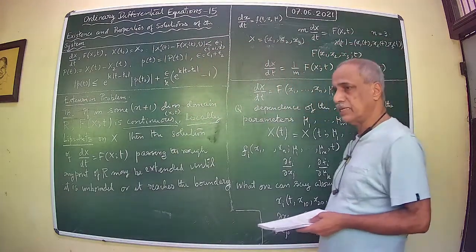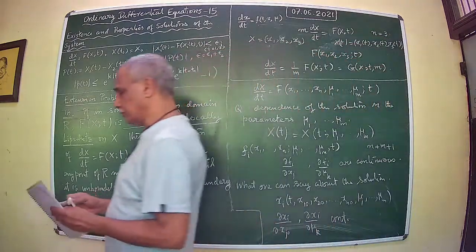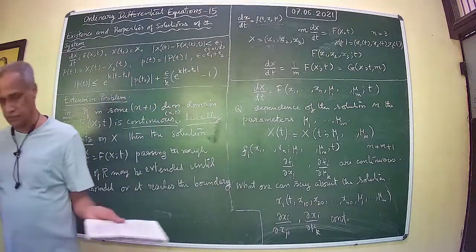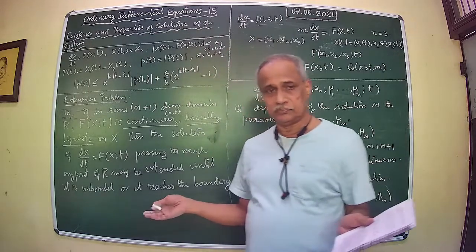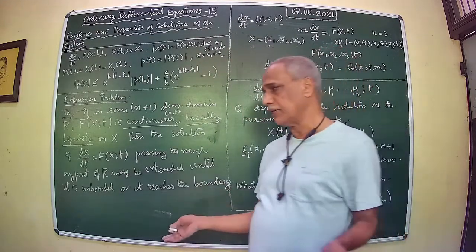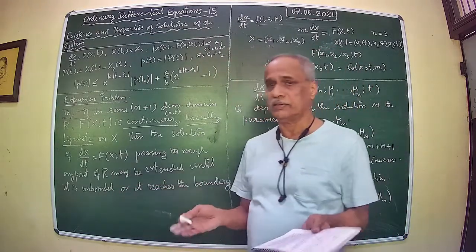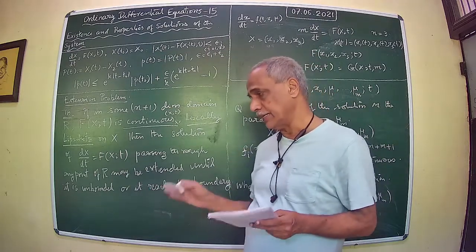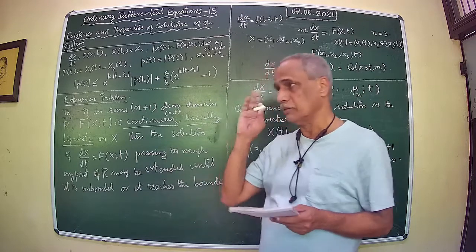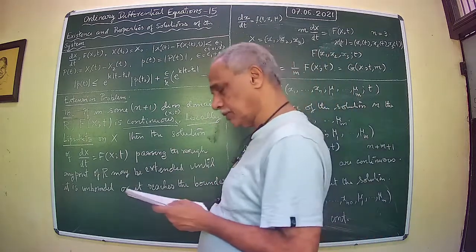So extension up to the boundary of the extremal interval on which the function can be defined, the property of the solution or the integral curve is that either it reaches the boundary by that point, or the function would have become unbounded.